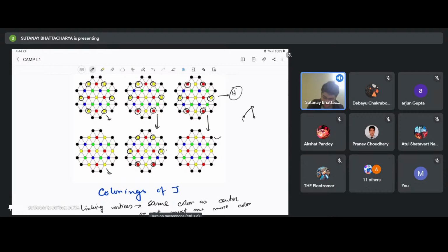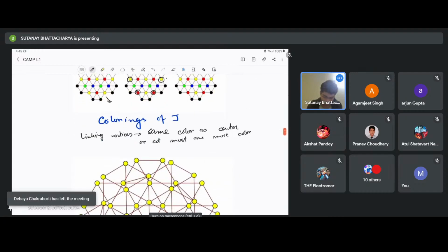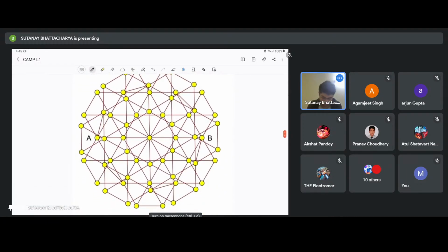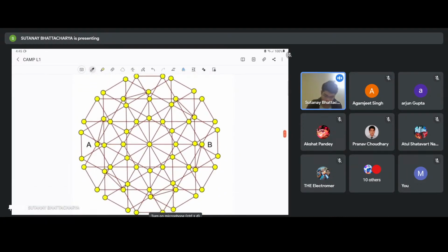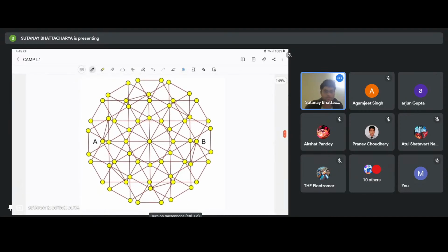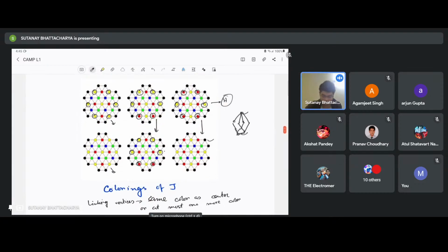We figured out that these two vertices have to have the same color, so we took a rotated copy so that these two vertices are at unit length. We're going to do the same thing with J, except we're going to rotate around the center. If you do that, this is what you get. So what have we proven? We haven't proven anything significant so far.